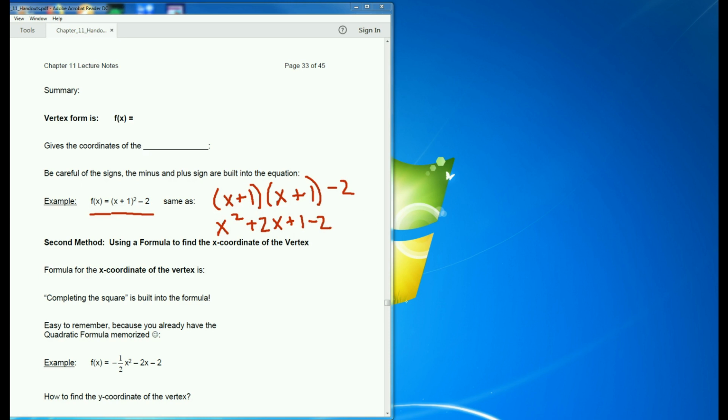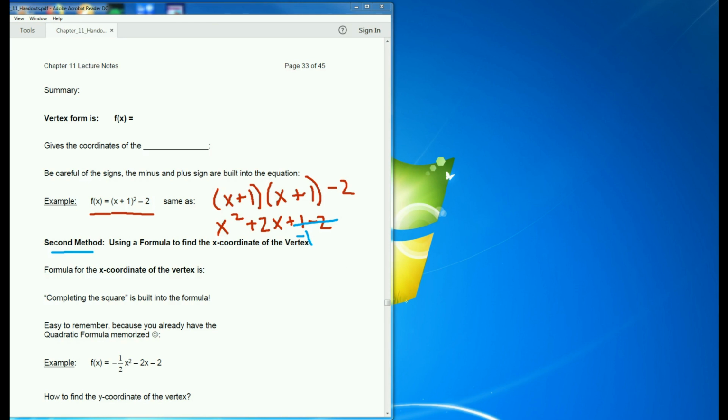Okay, and so then if you combine those constants at the end, 1 minus 2 would become minus 1. So that's just equivalent to x squared plus 2x minus 1, which is the form that we want it in to do this second method. Okay, so if you do happen to see a quadratic like that, that's all you have to do. Just multiply it out to get it into standard form.